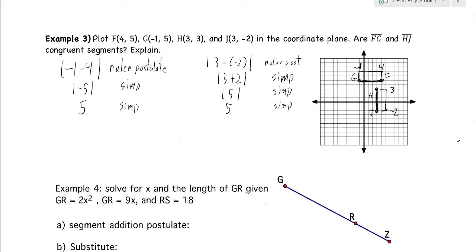What two things did we just find? We found the length of GF. So GF, its length, the segment length, is 5. And we found HJ. The segment length there is 5.